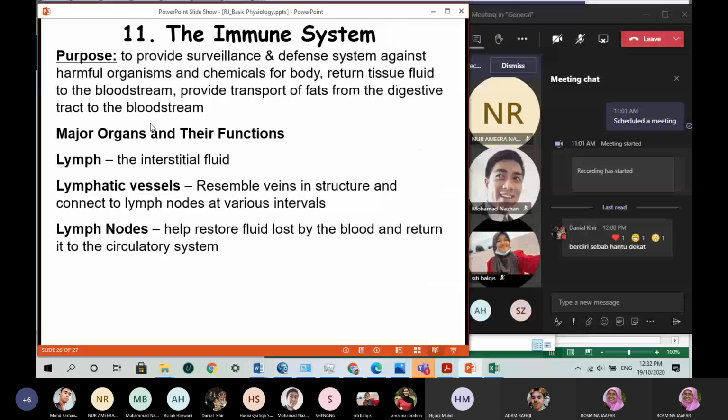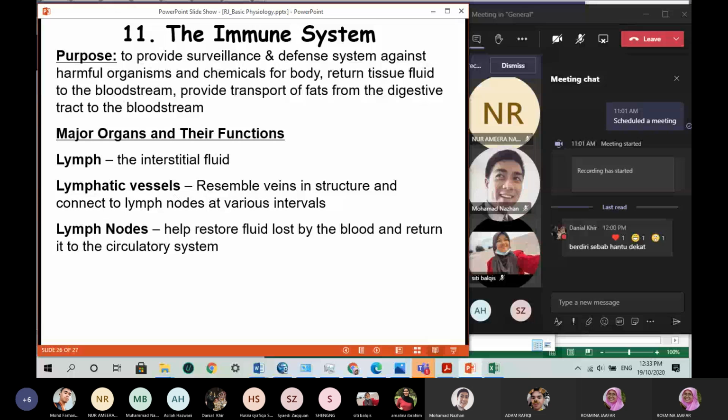It also returns tissue fluid to the bloodstream, and provides transport of fats from the digestive tract to the bloodstream. The immune system uses lymphatic vessels to secrete the defense systems there. So you have many lymph nodes all over the body itself.